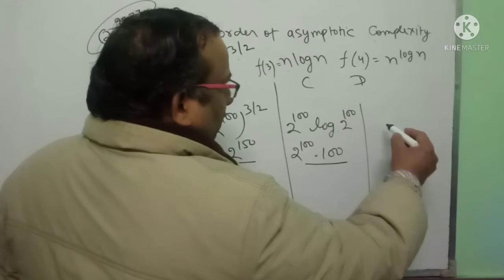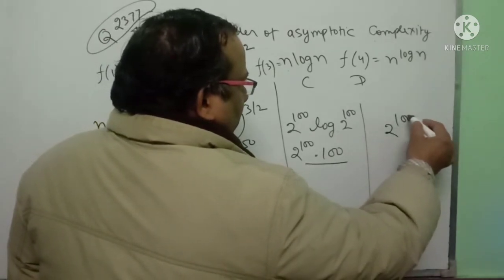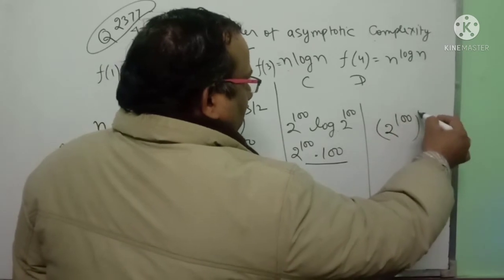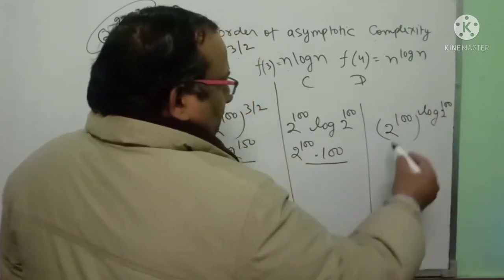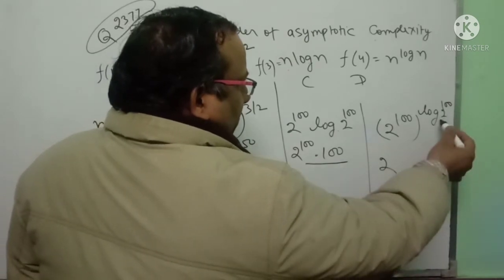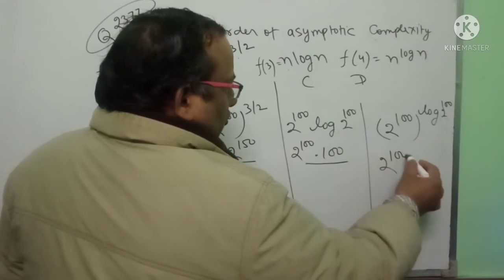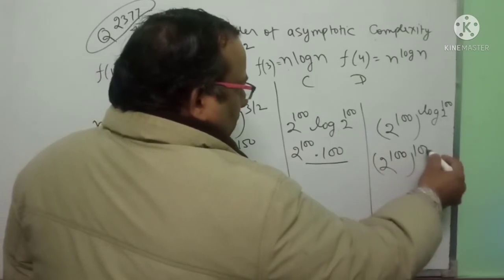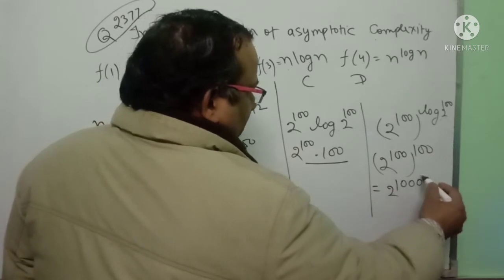Finally, the last one: 2 raised to the power 100, whole raised to the power log of 2 raised to the power 100. So again the base is 2, then log is 100 only. 2 raised to the power 100, raised to the power 100, that will be 2 raised to the power 10,000.